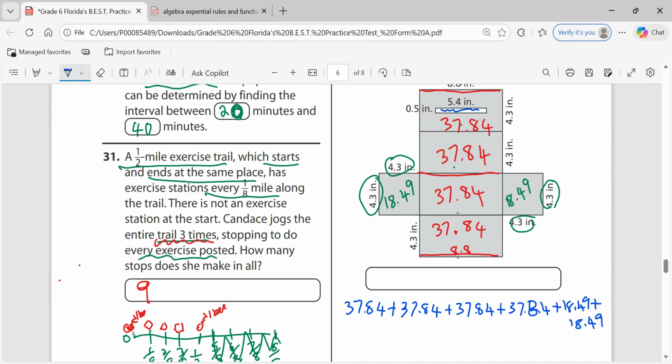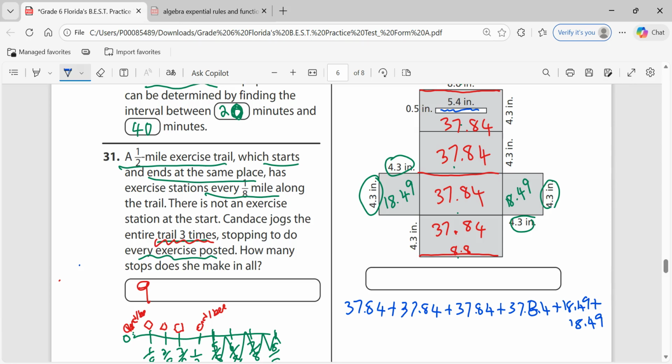Again, you could have just done 4 times that, which would have given you 151.36, and then 2 times that, which would have given you 36.98.